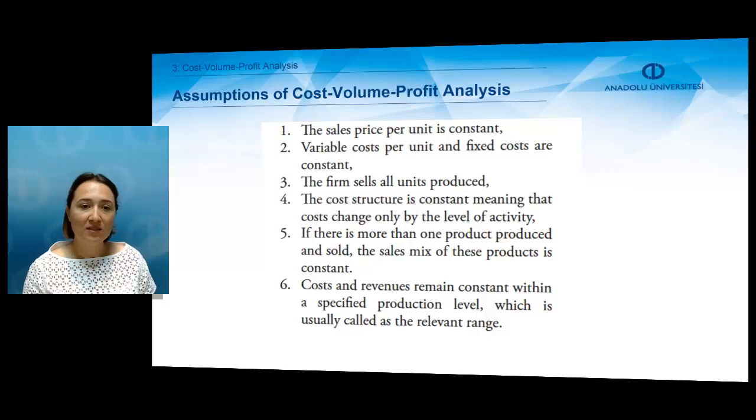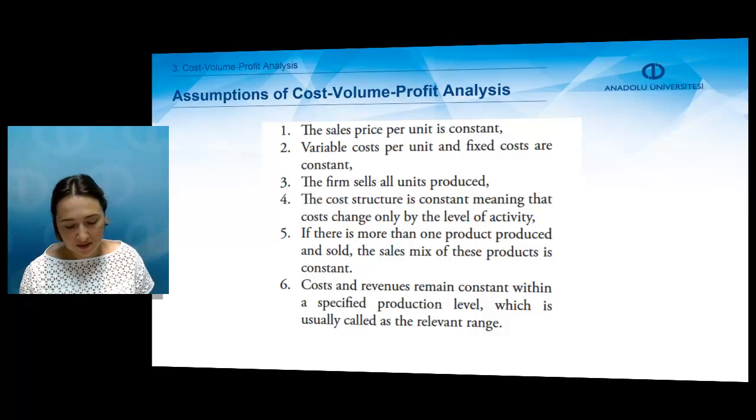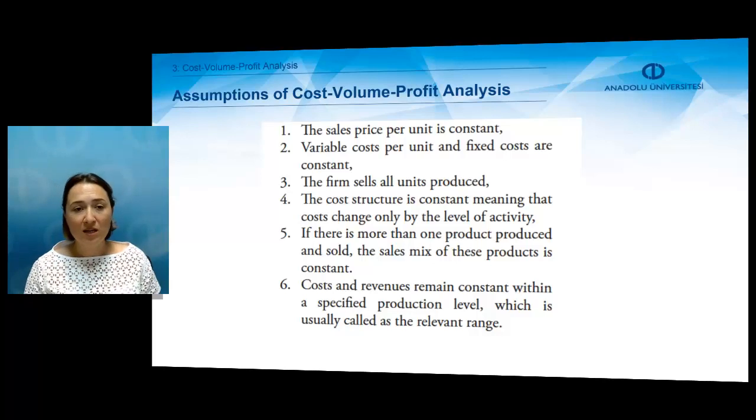We assume that the sales price per unit that we produce is not changing over time. The second assumption is that variable cost per unit is fixed per unit, and fixed costs are constant. We assume that variable and fixed costs are not changing over time.